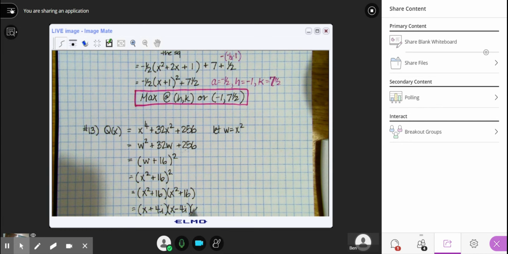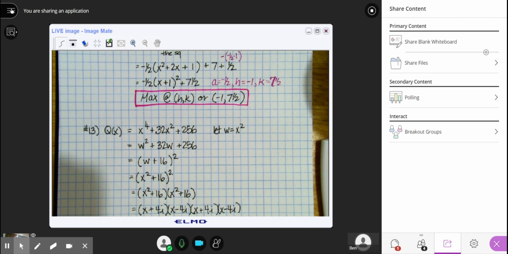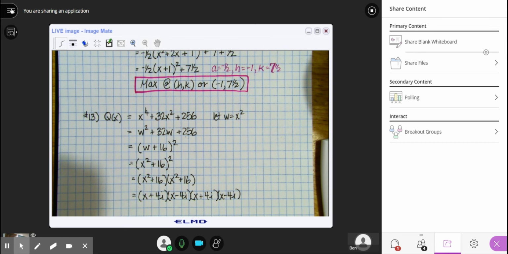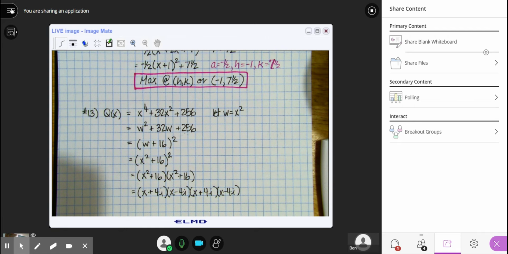So this one would also be x plus 4i, x minus 4i. Now that each of these is to the first power, it's factored all the way. Easy peasy. Sort of.